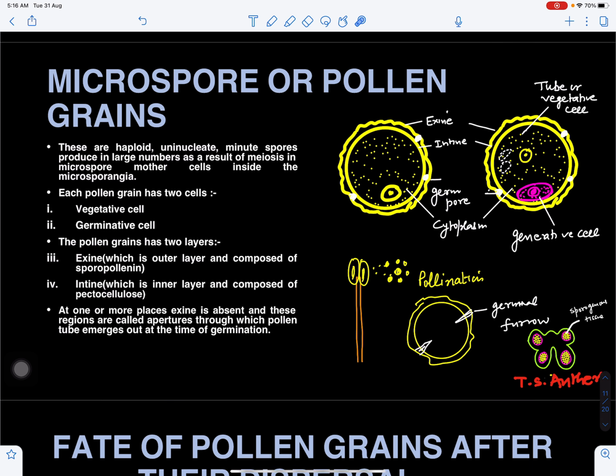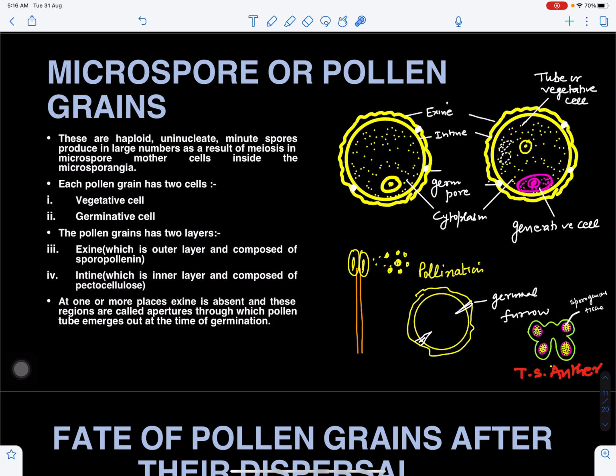Now first we'll discuss briefly the structure of a microspore or pollen grain. We have studied its structure in detail in the previous video, but just to understand the development of male gametophyte, we'll see it again. Pollen grains or microspores are haploid in genetic constitution because they are produced after the meiotic process.